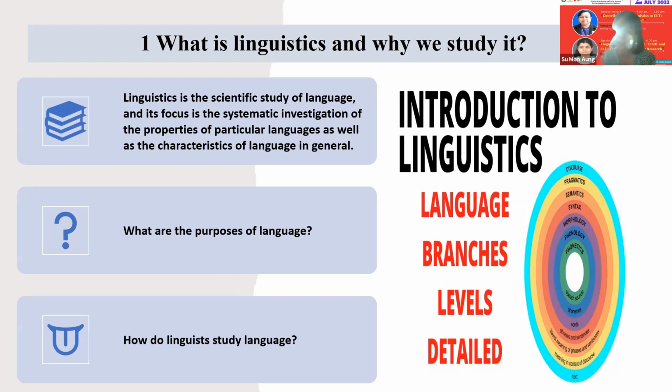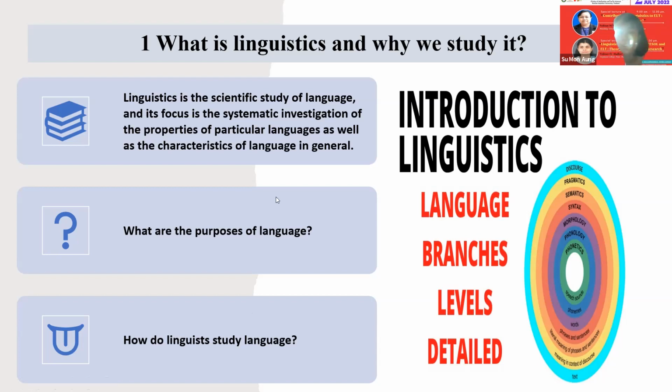The third is grammar, syntax, how to make the structure and how to use language components. And the last one is meaning, semantics. In this way, linguists study language. Thank you, teacher. It's good.